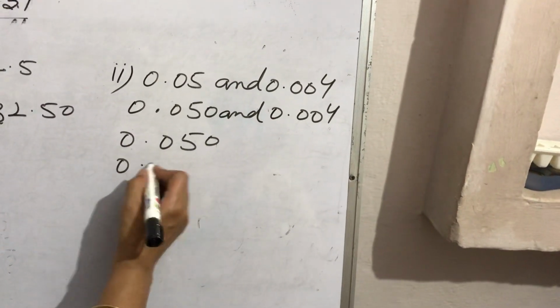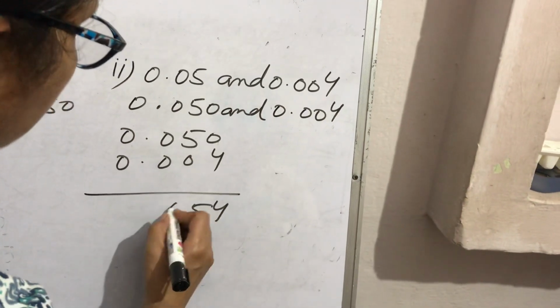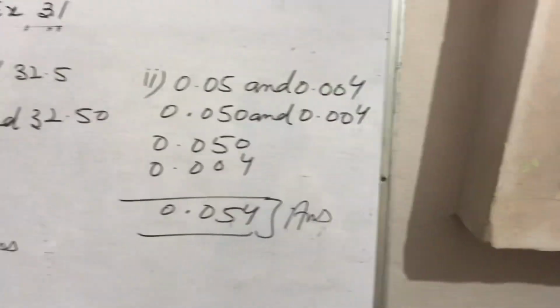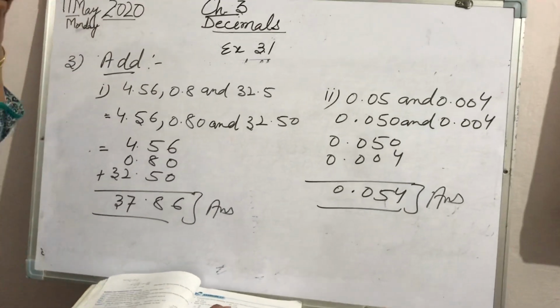Arrange in column method. 0.004, 0.054. So this is the answer. Then the third and fourth parts you can do on your own.